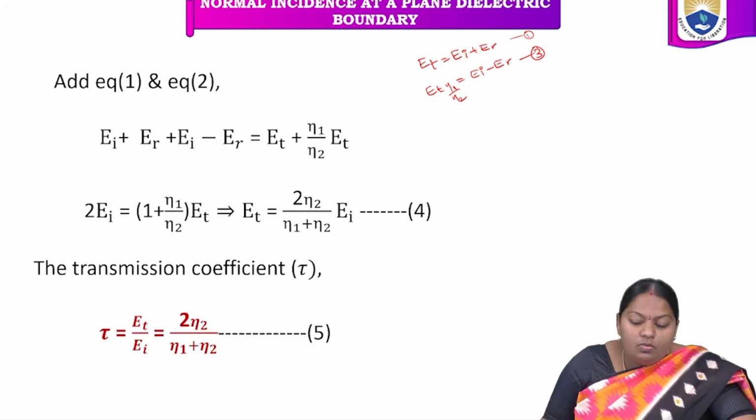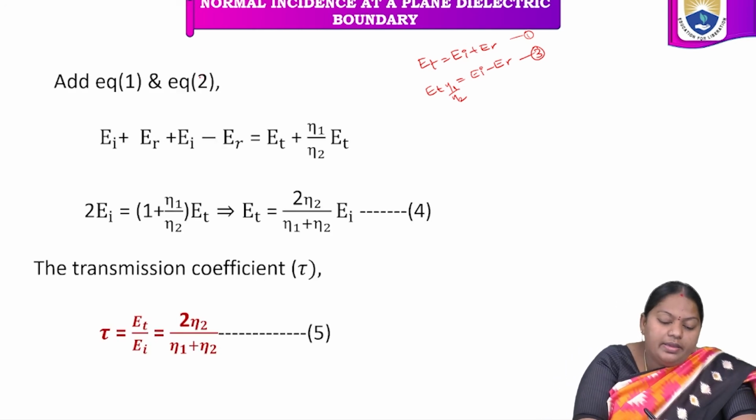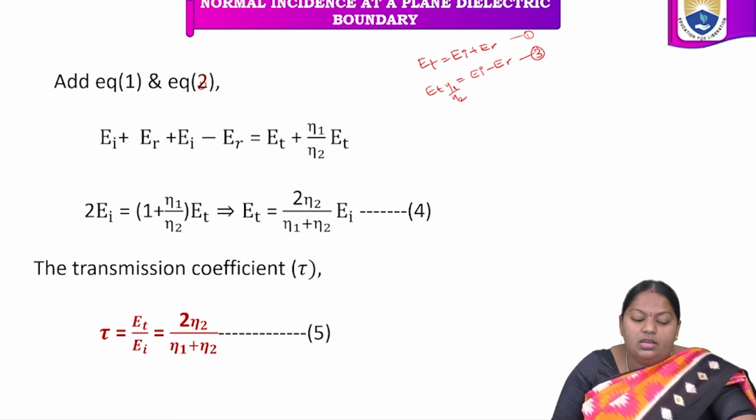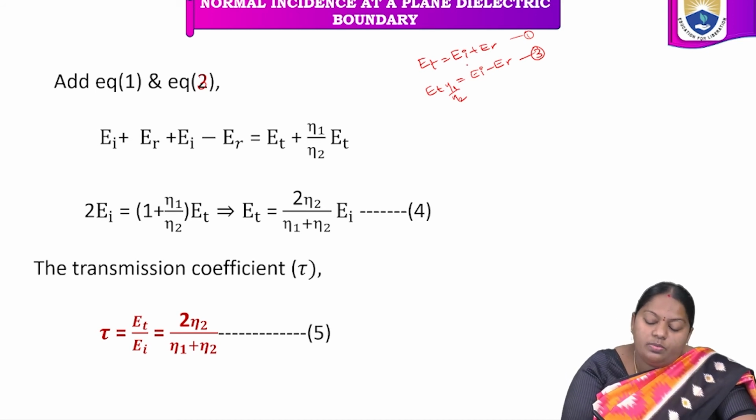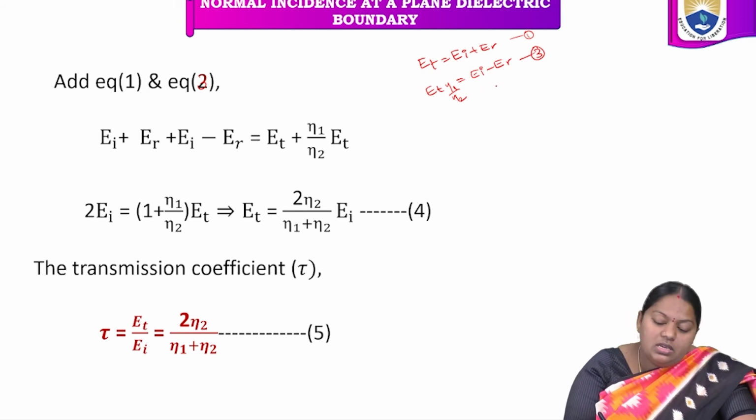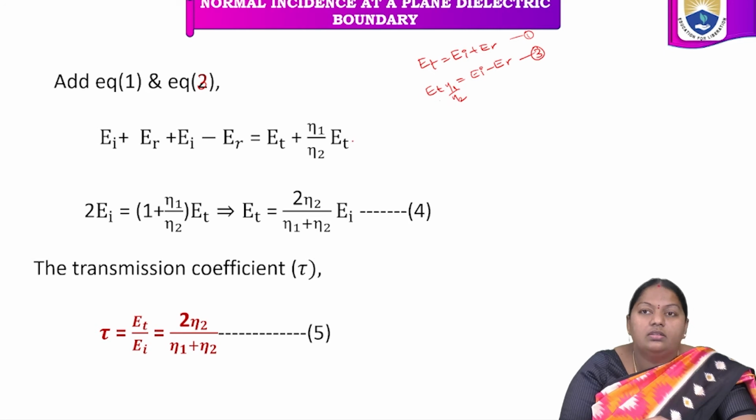So from equations 1 and 3, by adding equation number 1 and 3. So what is there in equation number 1? EI plus ER. First separately add LHS as well as RHS. Then EI plus ER plus EI minus ER equal to, in the RHS part, ET plus ET into eta 1 by eta 2.